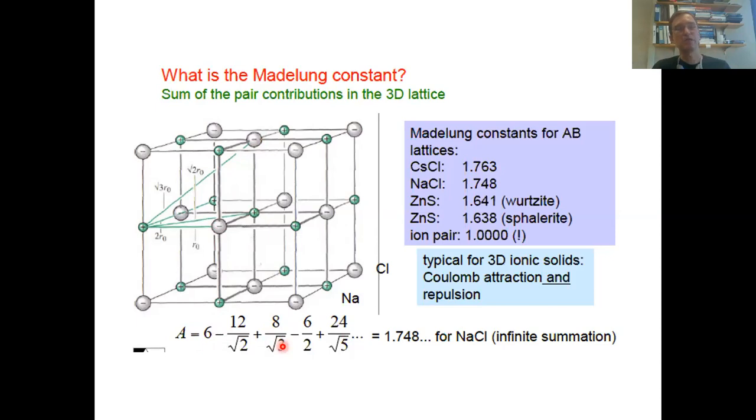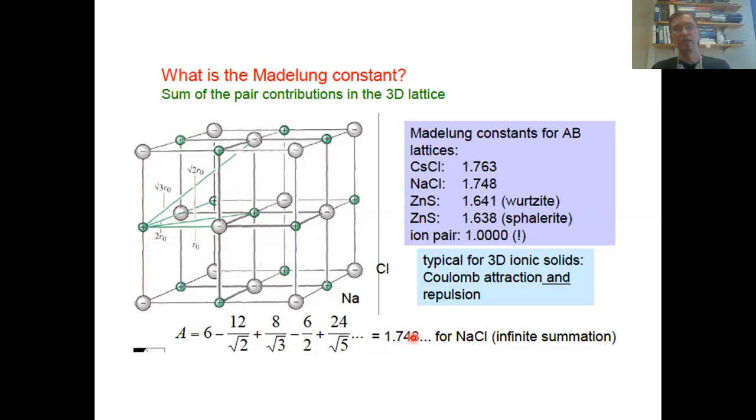I consider now the next nearest neighbors, and then the next nearest neighbors, and so forth, and sum all these contributions up, and then you will get a number that converges, in the case of the sodium chloride structure, to the value of 1.748.